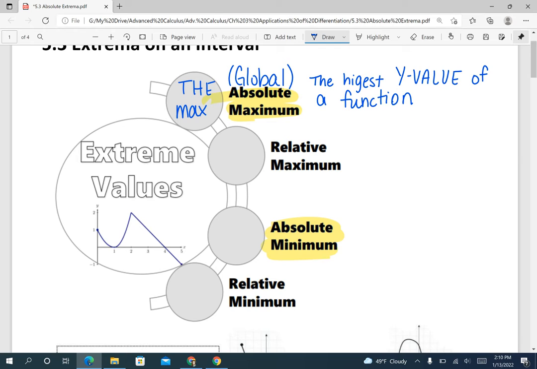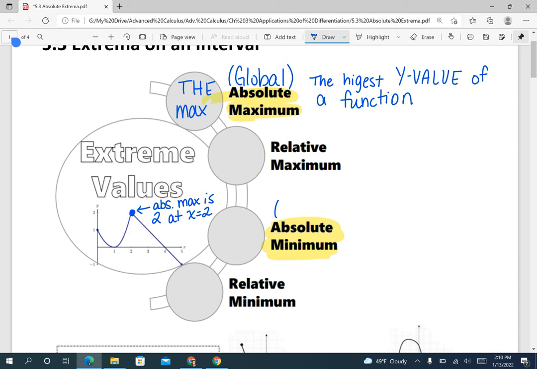So on this graph, here would be the absolute highest point on the whole graph. And so I would say that the absolute maximum is 2, and it's at x equals 2.